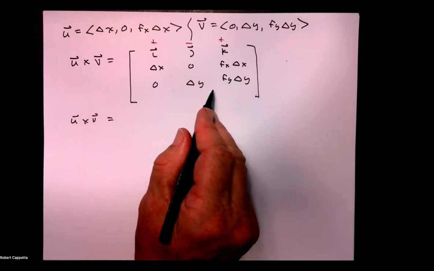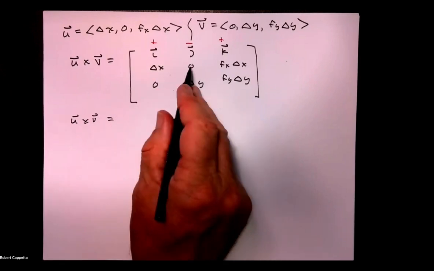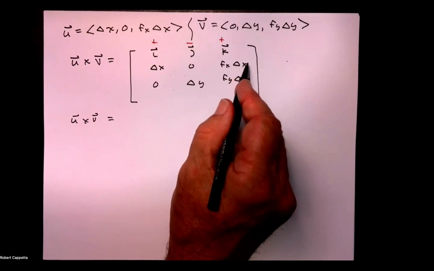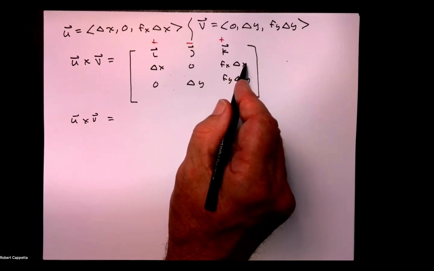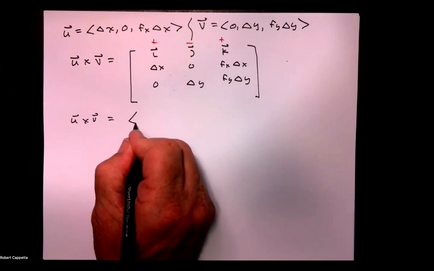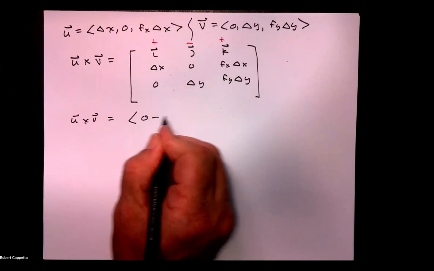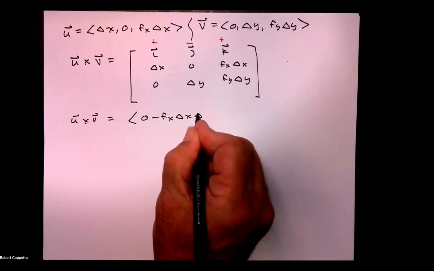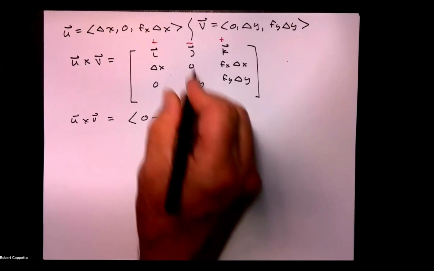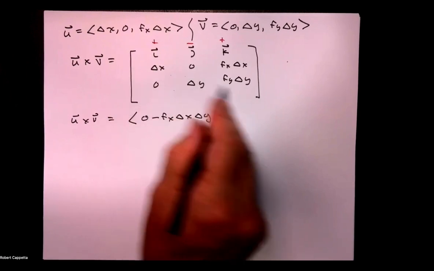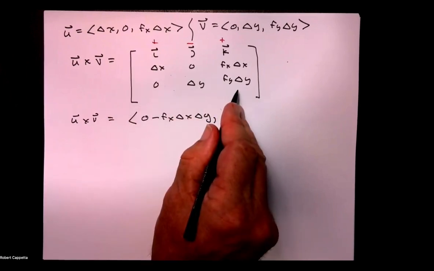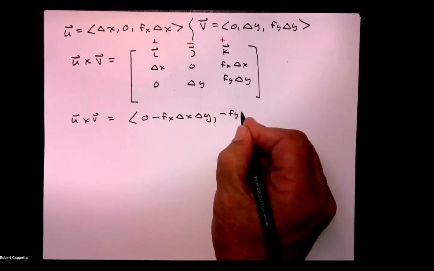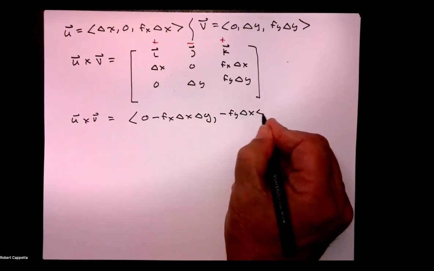In the i direction, what do we get? We get 0 minus f sub x, change in x, change in y. In the j direction, we get f sub y, change in x, change in y, minus 0. So it'll be negative f sub y, change in x, change in y.